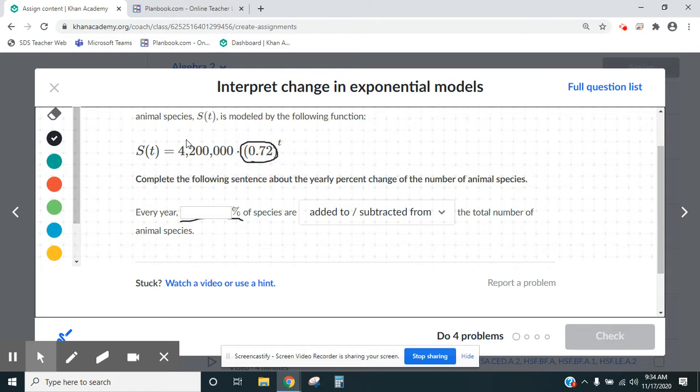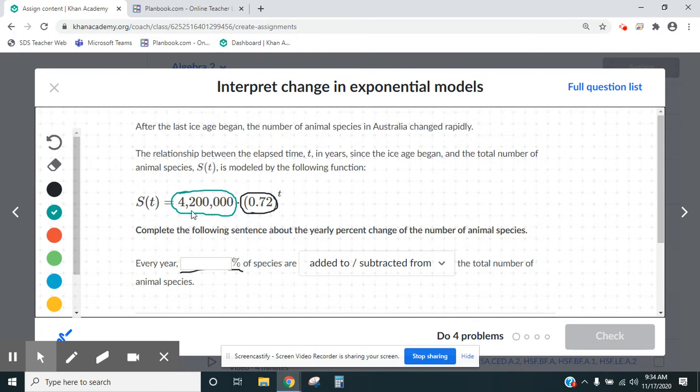Well, what's happening is we're starting off with a population of 4.2 million. That's what that means. And then every year after that, this 4,200,000 is being multiplied by 72%.